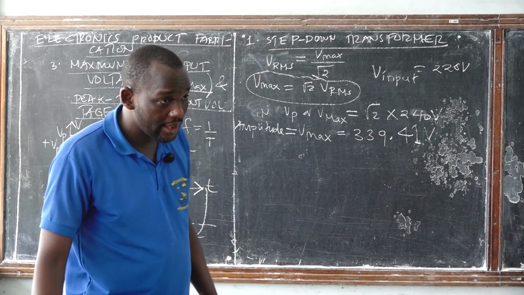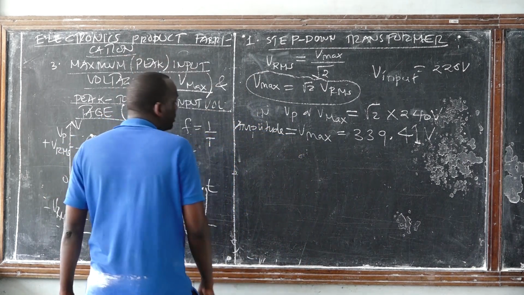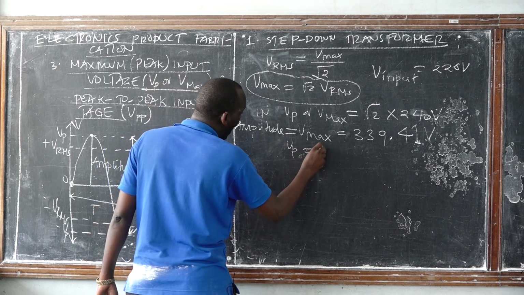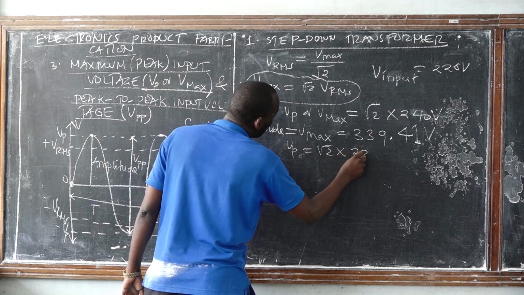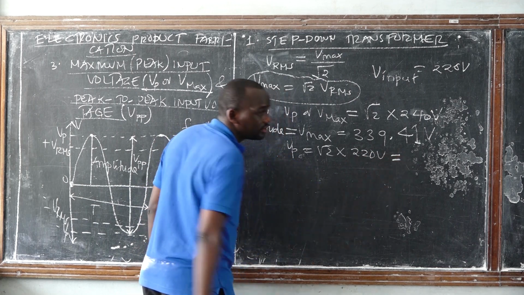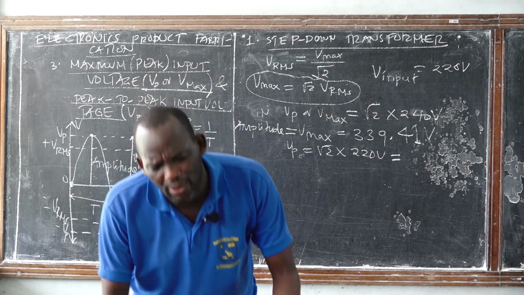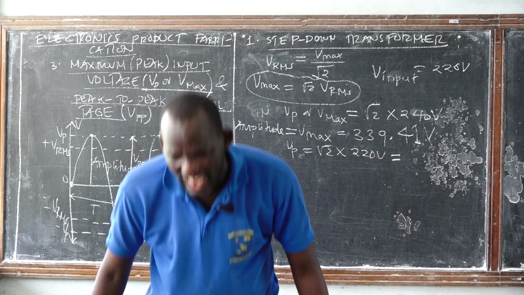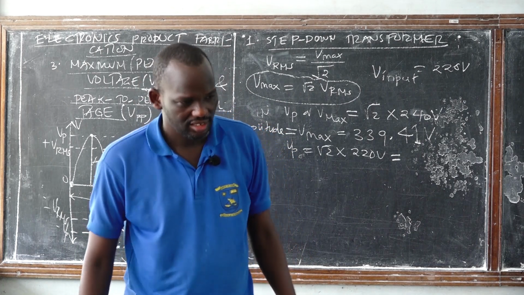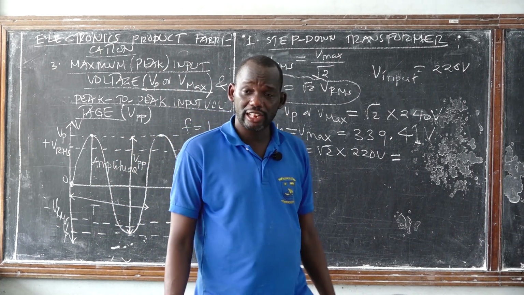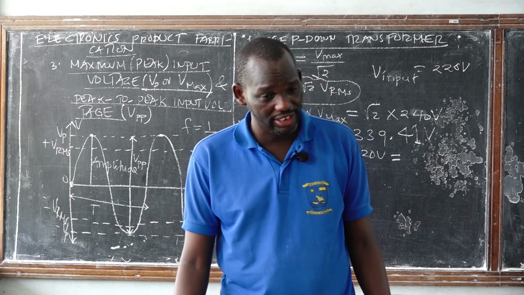So according to the range, V peak, if you have what? 1.414 times 220 volt is equal to what? Speak loudly, my dear students. I have more than 50 students in this class, but you don't hear even the voice.